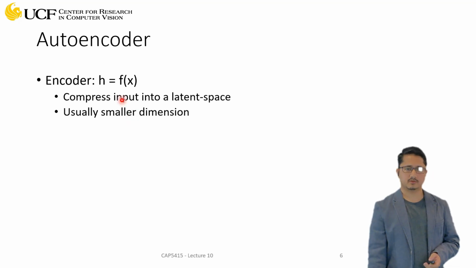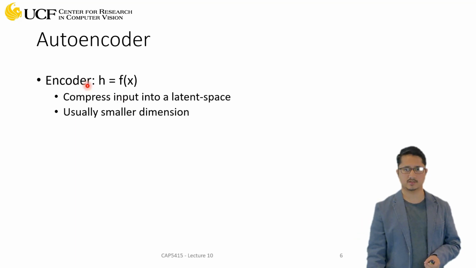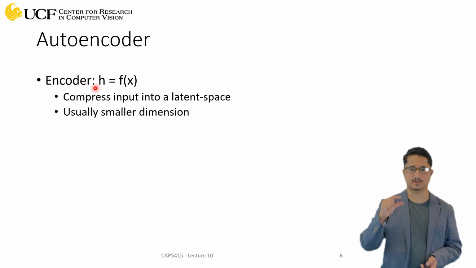Okay, so what you can do is define the encoder and decoder of an autoencoder as functions. Let's say your encoder is function f and x is your input. So you send your input to the function f, the encoder, and h, let's say, is your latent space.